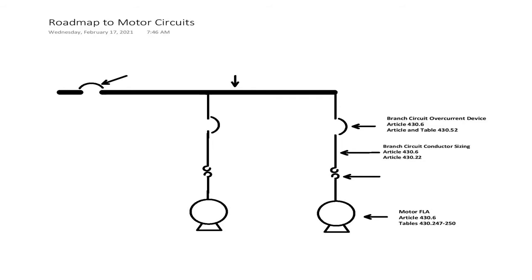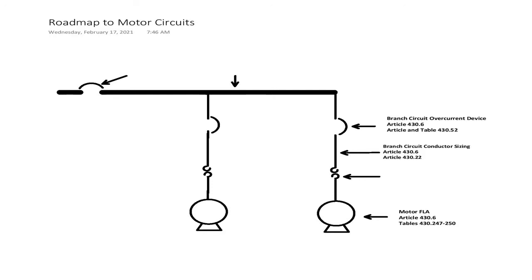Next, we have our branch circuit conductor sizing and our branch circuit overcurrent protection device, better known as our short circuit and ground fault protection. But first, let's look at branch circuit conductor sizing. This is found in article 430.6 indicating for us to look at 430.22.